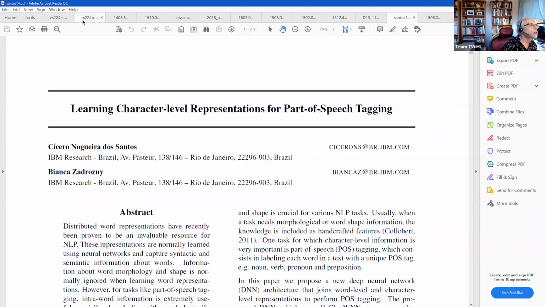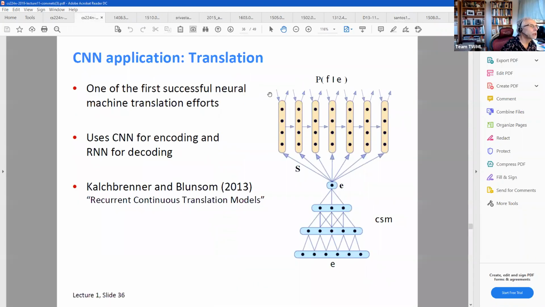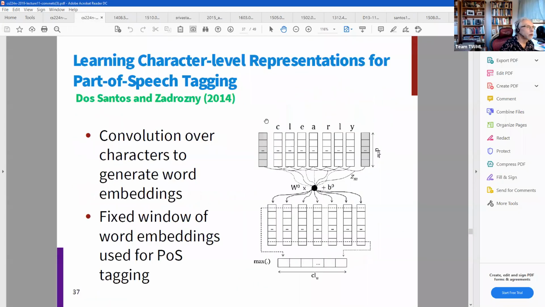And let's see what he says about this in the notes. Character level. So he's doing convolution over characters to get word embeddings, and then a fixed window of word embeddings is used for part of speech tagging. So here are the input letters. This is a linear layer over those.